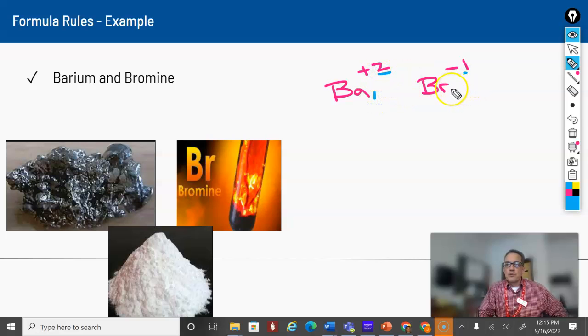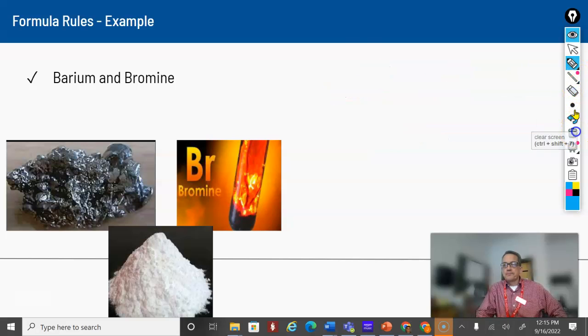The 2 ends up going over here. And then my final formula, again, it's a 1 to 2 ratio. My pen doesn't like to work the whole time. Again, I don't write the 1 because it's assumed to be there, but I do write the 2. So the formula for barium and bromine would end up looking like this, BaBr2, and would be called barium bromide.